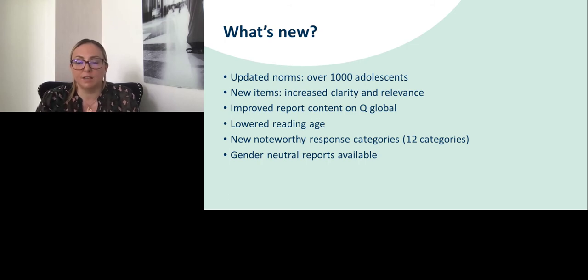And like the MCMI, there are noteworthy response categories, and there were already in the MACI-I, but there are increased categories here. The noteworthy responses really are questions that, if endorsed, are intended to alert clinicians to item level information that's worthy of special attention, that might deserve either interpretative consideration or, importantly, immediate clinical intervention.